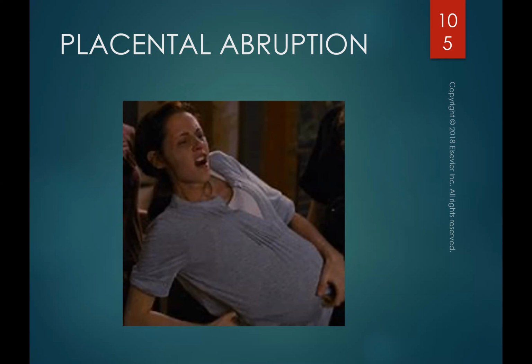If you didn't know what a placental abruption was, you'd probably be like, what happened? She just bent down, and when she comes back up, she's dying. And it's probably because the placenta tore away from the uterus and there's a lot of blood loss.